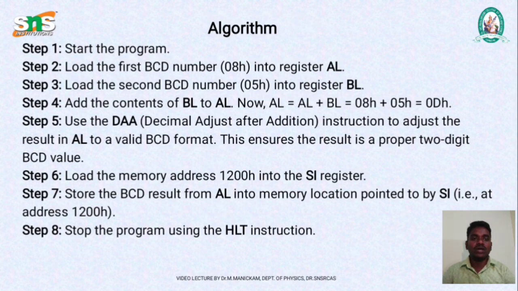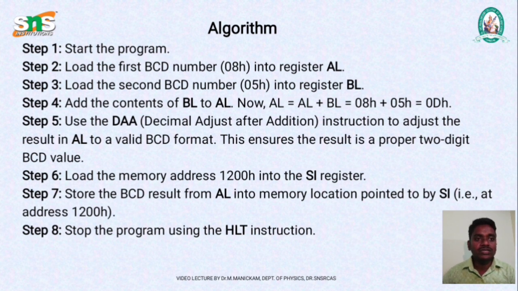These are the steps involved to perform this BCD addition program. First step, start the program and load the first BCD number, 08, into register AL. Then load the second BCD number into the BL register. We add AL and BL, so we get 8 plus 5, that is 0D. Then we use the DAA instruction, decimal adjustment after addition, to convert hexadecimal into decimal numbers.